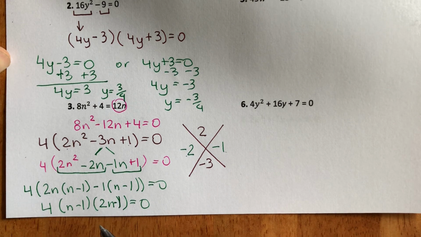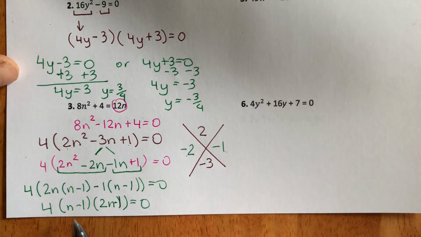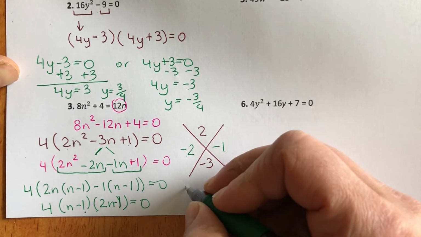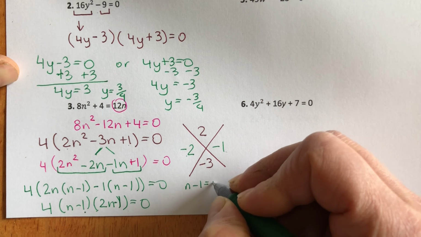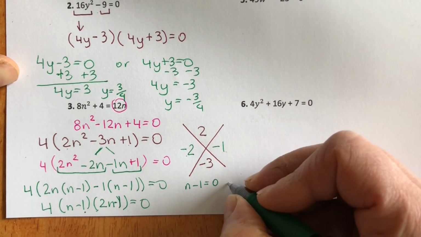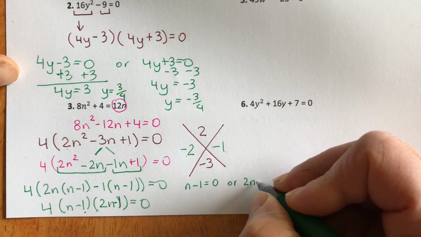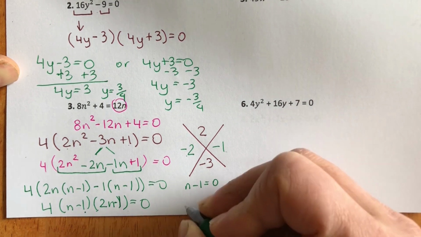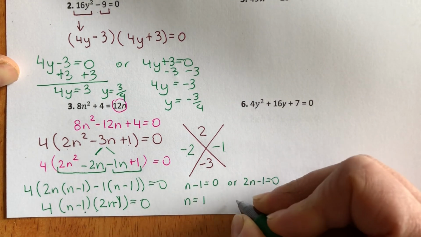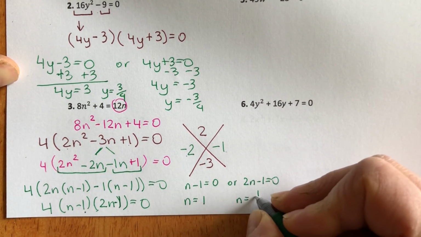And notice this is in a factored form. I'm running out of space a little bit here, but I see that I have to make this equal to 0 and this equal to 0. So n minus 1 is equal to 0, or 2n minus 1 is equal to 0. So n is equal to 1, and n is equal to 1 over 2.